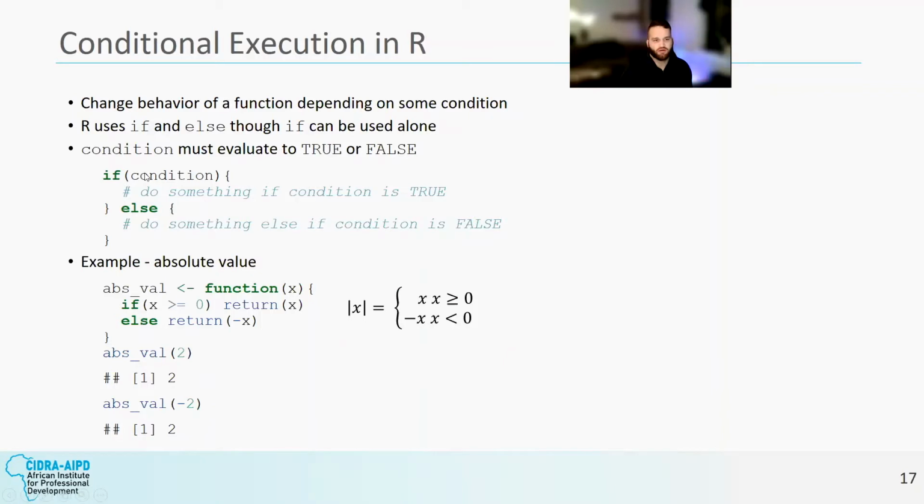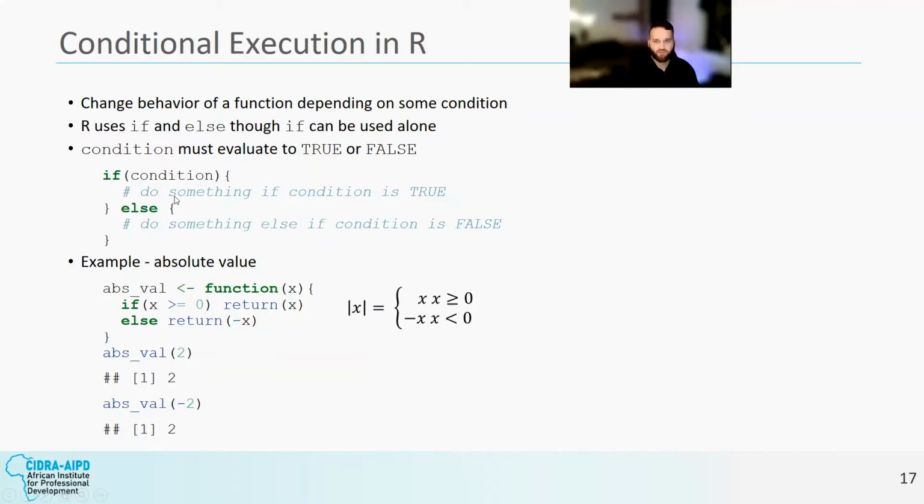If condition, then we can write code that occurs if condition is true. And then the else means if that condition is not true, if it's false, we'll run the code here. So the else portion is not necessary. You can have just an if clause without an else. In that case, if the condition is true, the code will run. If condition is false, then none of it runs.